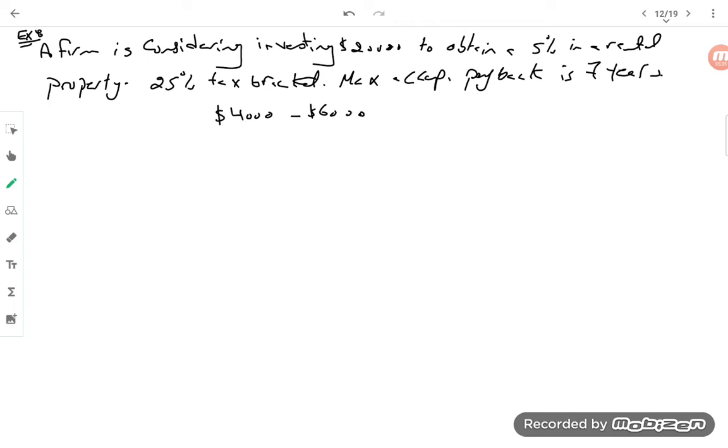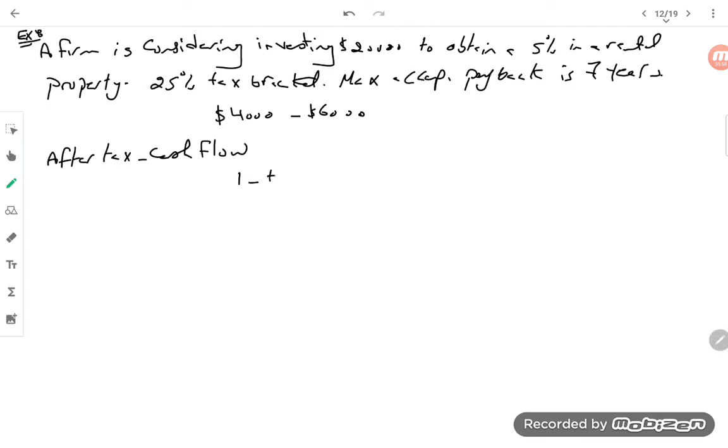Number one, the first step is to calculate the annual after-tax cash flow. The income can be 4,000 or 6,000, so we have to calculate it twice.